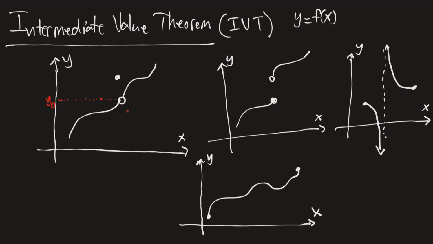If this is the function that you're playing with, then you're in even bigger trouble because they could pick anything, let's say, not including this one, so I'm going to use a parenthesis, up to this one, I'll use a bracket like that. So any y value in this range.